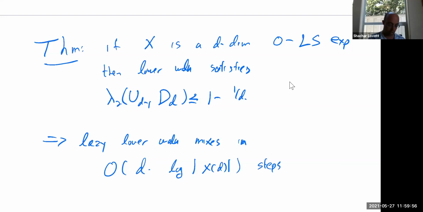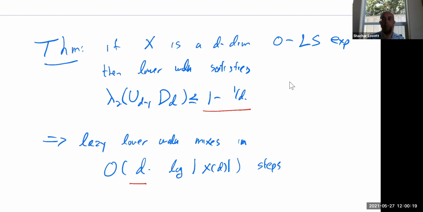So the D here comes from the spectral gap, and then this log X_D is just a standard mixing in graphs, log the number of nodes. In this case, our nodes are going to be all the possible spanning trees, or in general, all the top level faces. Okay. Yeah, that's right. Thanks.